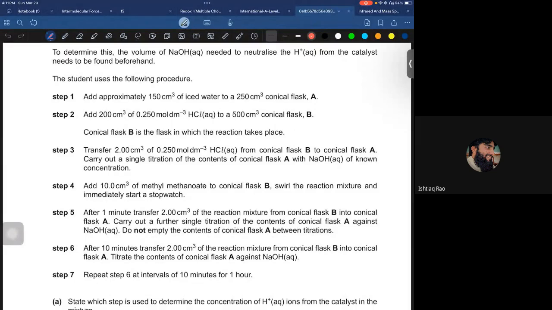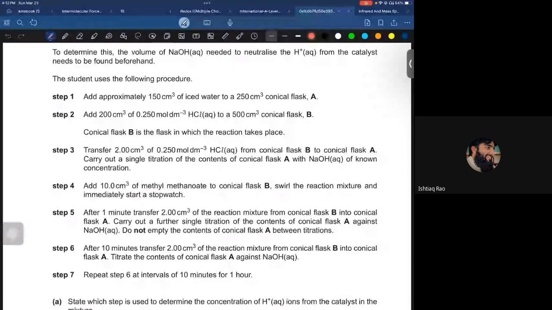Step number 3: transfer 2 cm cube of 0.250 mole per dm cube acid from conical flask B to conical flask A. Carry out a single titration of the contents of flask A with NaOH of known concentration.